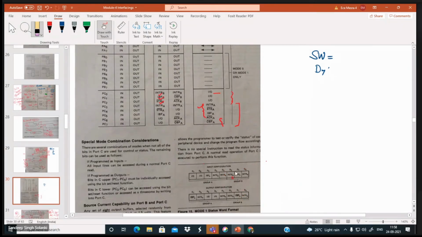So what I am saying is status word. This status word you have to think in this format, 8-bit format. That is this.